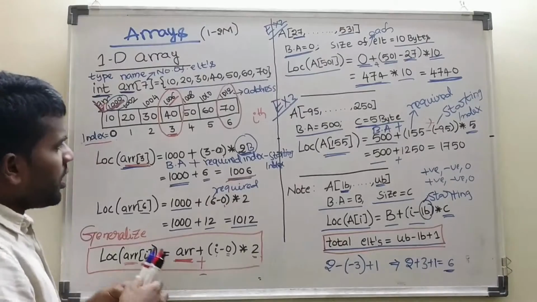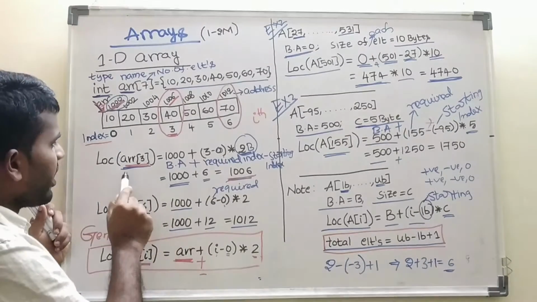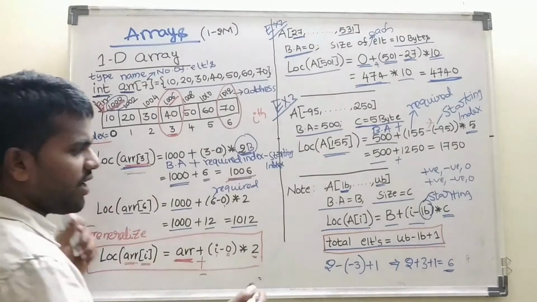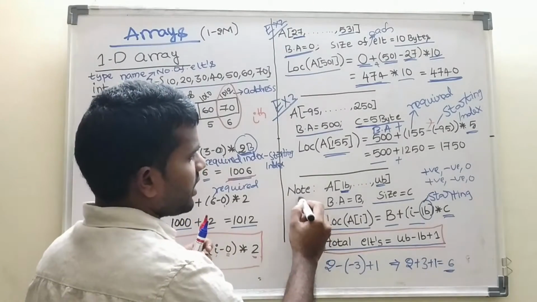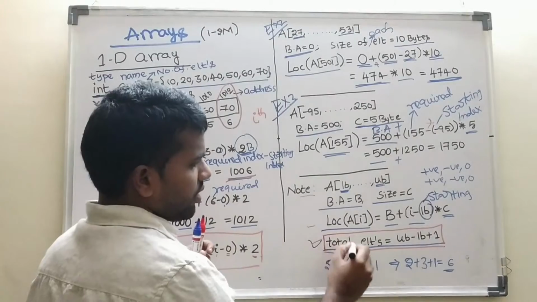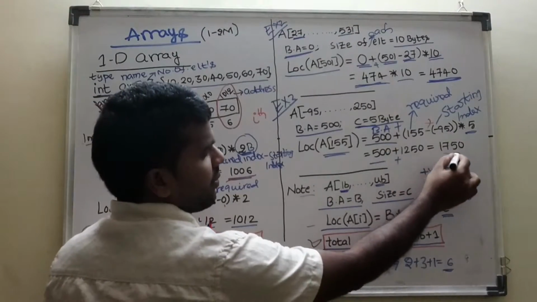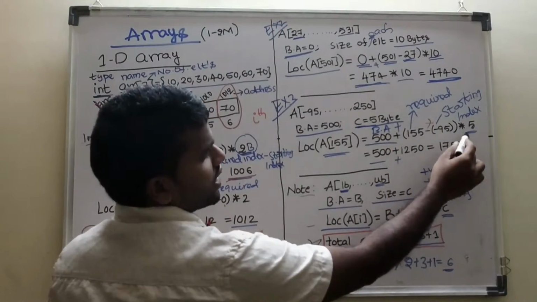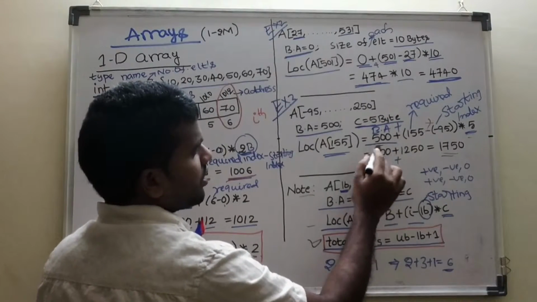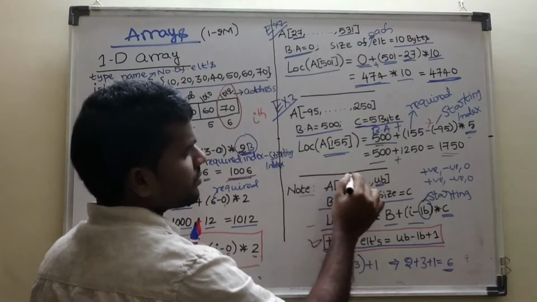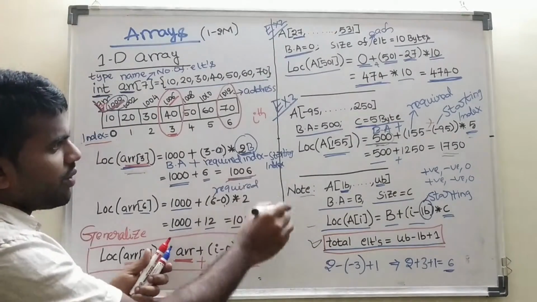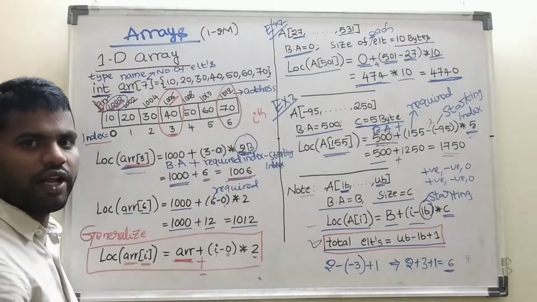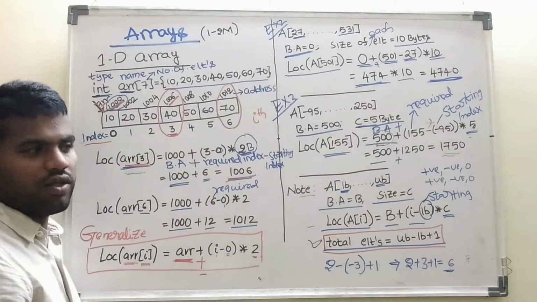They will ask what is the location, find this array element's location, or find the total elements, or otherwise they will give all these and give the location of this element and the size of this element, and ask us to find the base address or anything. So remember, if you know this concept, you are able to get 1 to 2 marks.